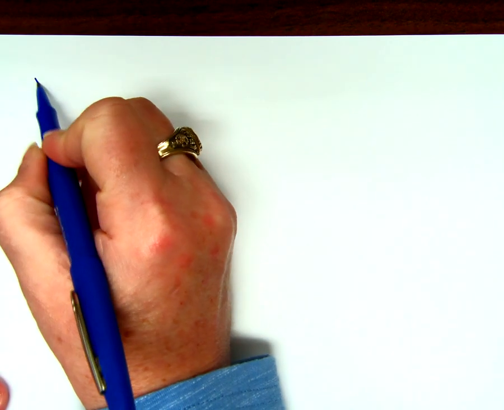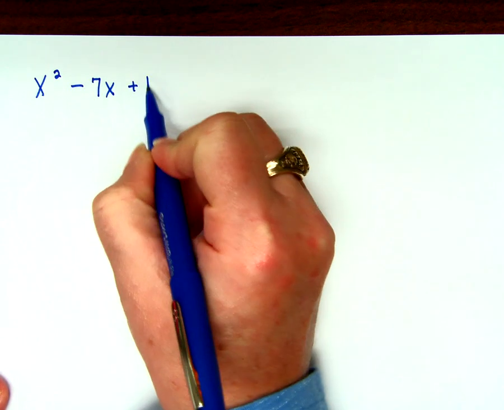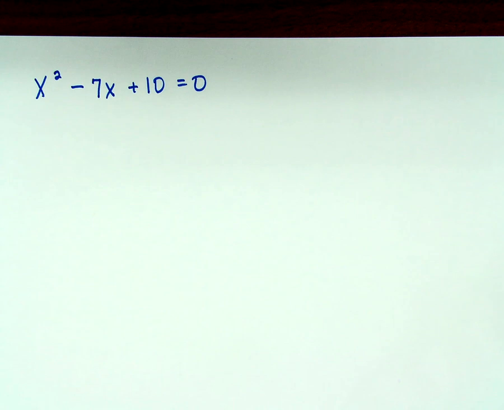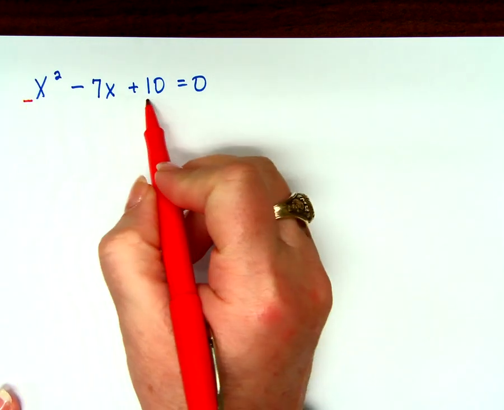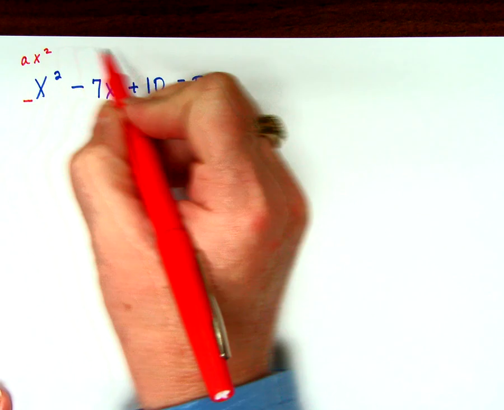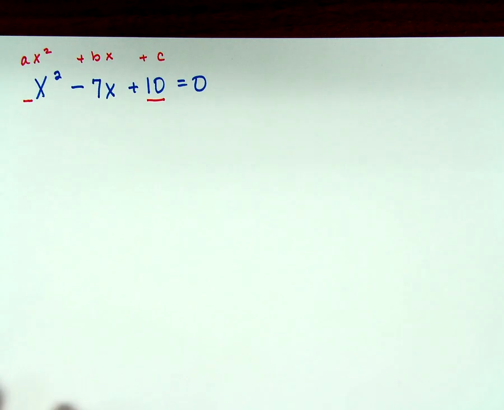Solving quadratics with factoring. We'll start off with an equation like this: x squared minus 7x plus 10 equals 0. There are a lot of different ways to factor trinomials like this. The way I showed you was we found AC, because ax squared plus bx plus c is the general form for a quadratic.